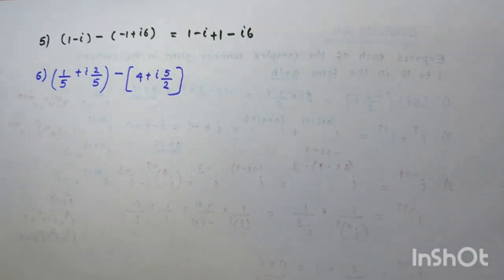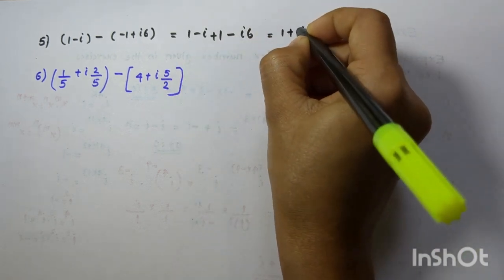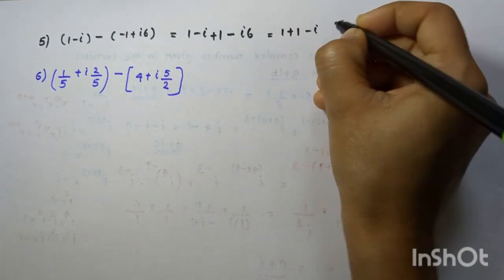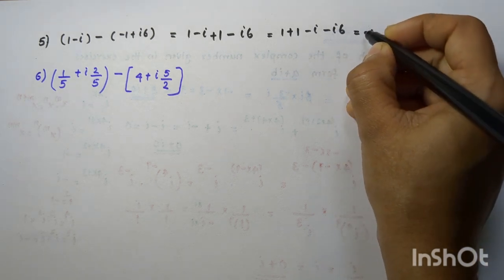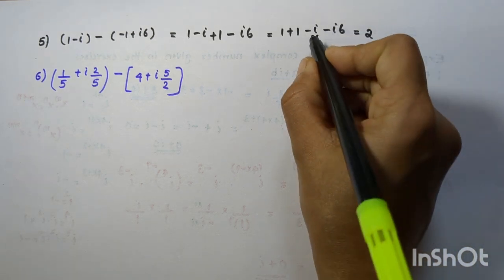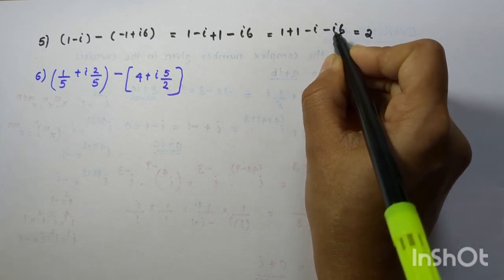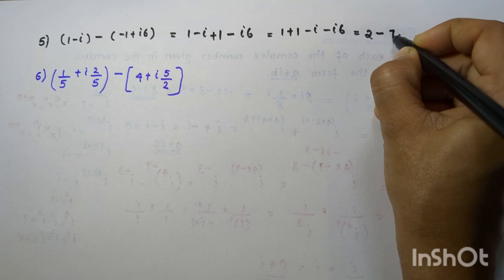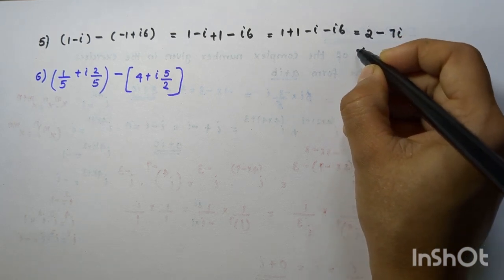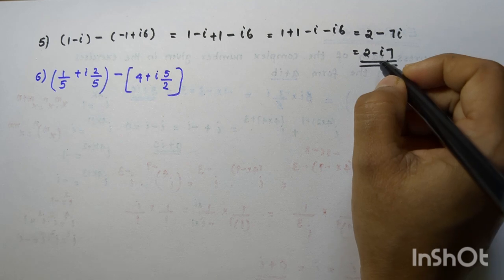So 1 plus 1, then minus i6, and this will be equal to what? 1 plus 1 is 2. Minus i6 means 6i, so minus i minus 6i, which will be minus 7i, or you can write it as 2 minus i7. So this is in the form a plus ib.